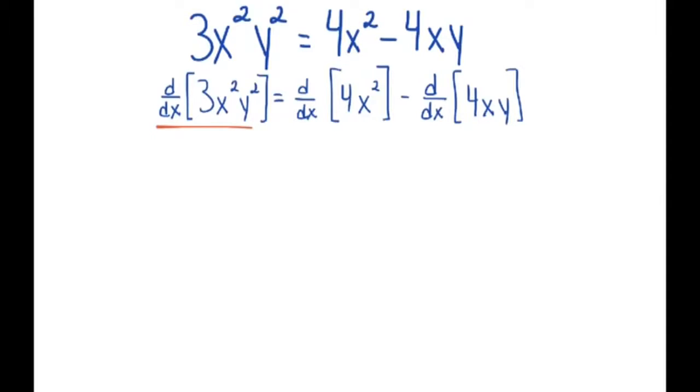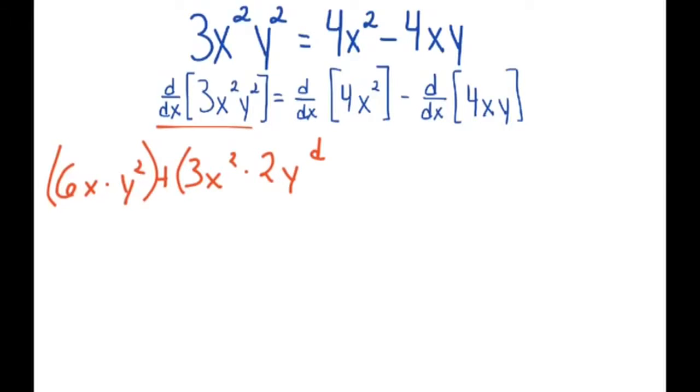So when you do the product rule, you would get 6x times y squared plus 3x squared times 2y dy over dx. And you would get this because, remember, the product rule is f prime g plus f g prime.